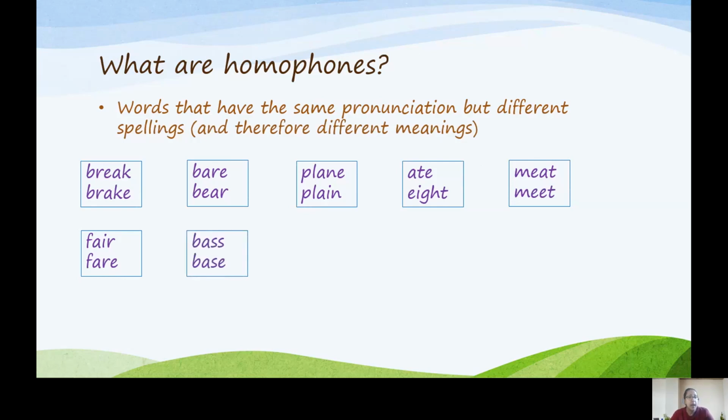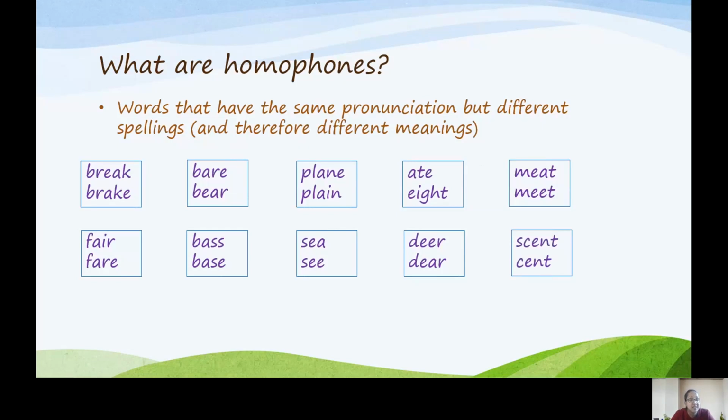We've got bass, like a bass guitar, or base, like the foundation of something. Sea, where you can swim, lots of water, or see, what you do with your eyes. Deer, like the animal, or dear, that's what you might call someone that you like a lot.